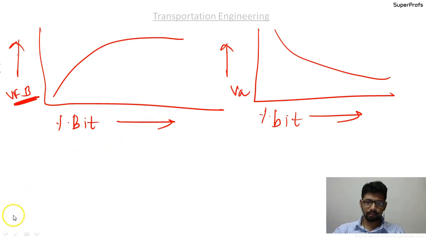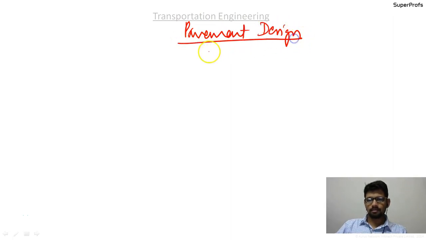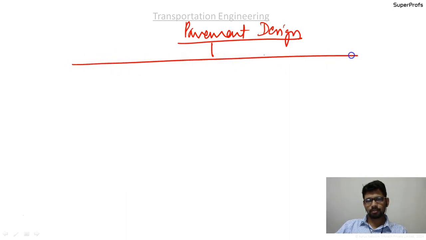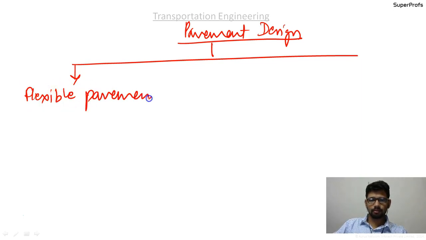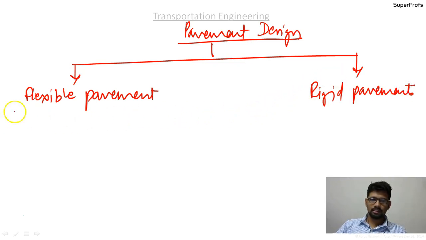Okay, pavement design. There are two types of pavements. First one is the flexible pavement, and the next one is the rigid pavement. Flexible pavements are designed as per IRC 37 2012.